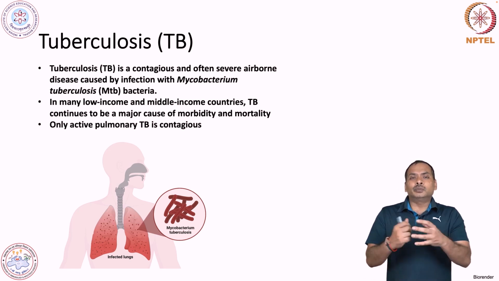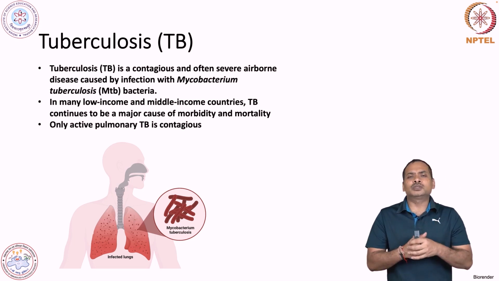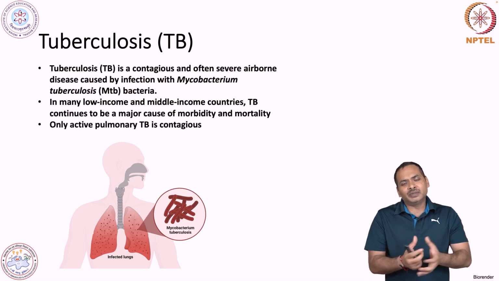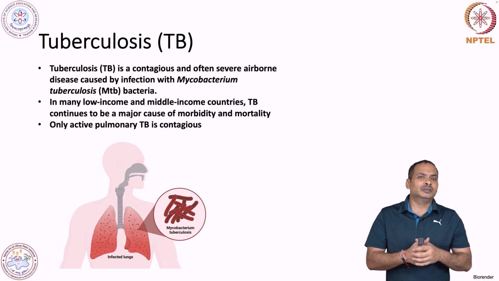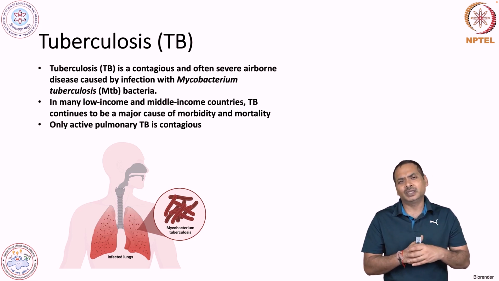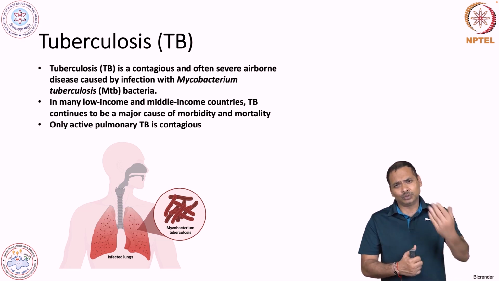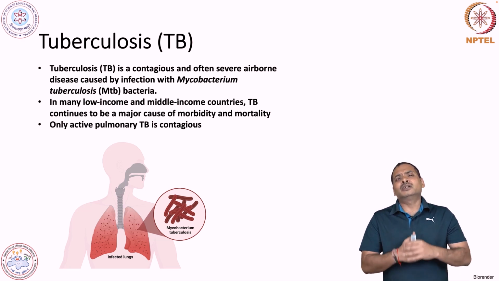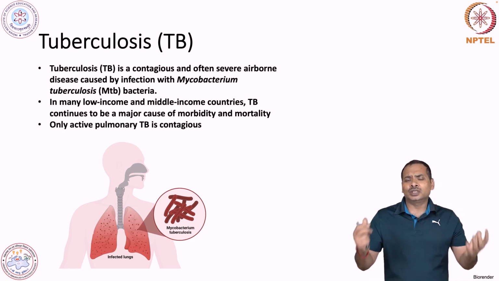Basically Mycobacterium tuberculosis infects the macrophages, and the first infection is mainly in the lungs through the respiratory route. But as you know, macrophages are present all over our body.